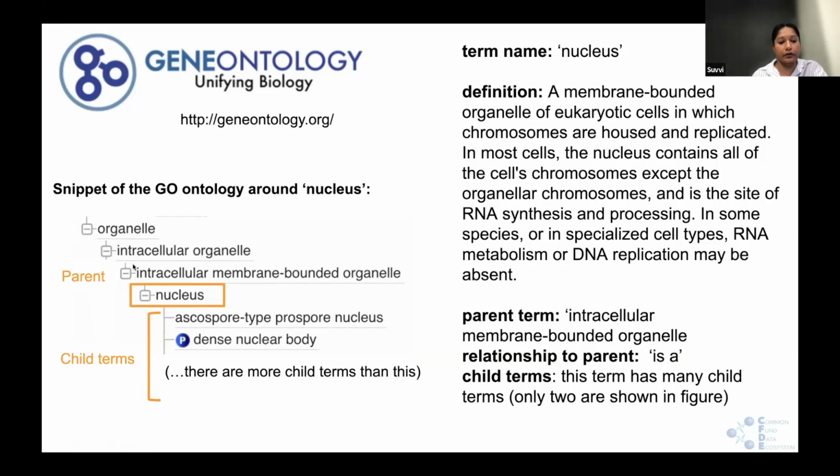The nucleus is a child of intracellular membrane-bound organelle, which means the relation between nucleus and its parent is an is_a relation. There are other child terms under nucleus, and there is also another term called dense nuclear body, which is related to nucleus not through an is_a relationship, but through part of. So there are different kinds of relations that you can use between the terms, and that makes ontologies different from controlled vocabularies.